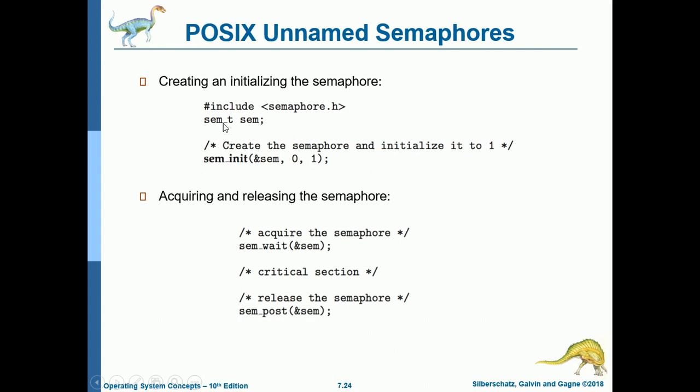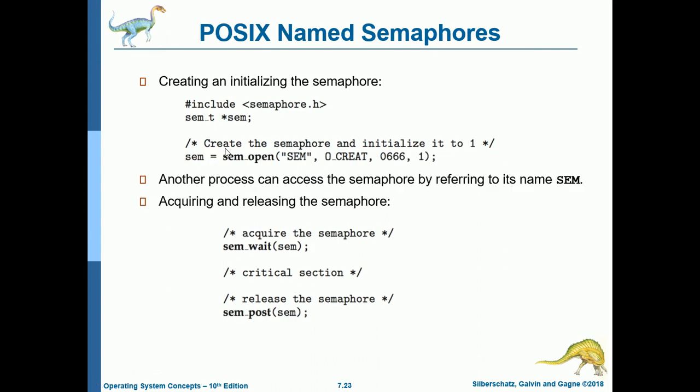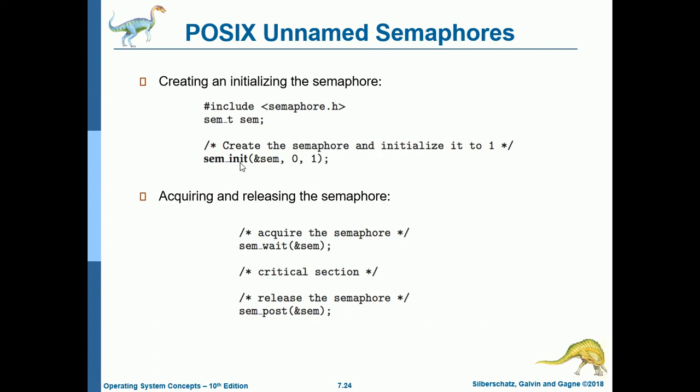Then to create the semaphore and initialize it to 1, we use sem_init with &sem, 0, 1 as its parameters, compared with the named semaphore where we have sem_open. To acquire the semaphore, we have sem_wait, and then &sem for the semaphore.